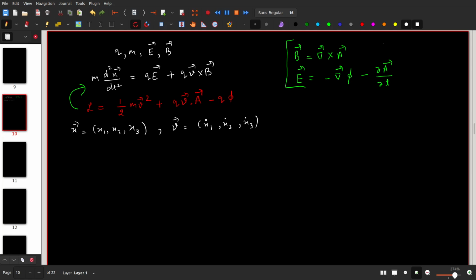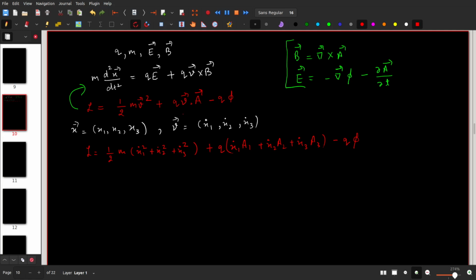With this notation, the Lagrangian can be written as 1/2 m (x1 dot squared plus x2 dot squared plus x3 dot squared) plus q (x1 dot A1 plus x2 dot A2 plus x3 dot A3) minus q phi.